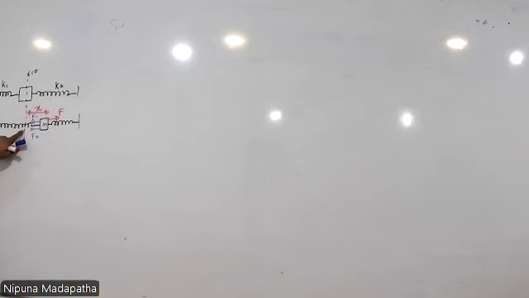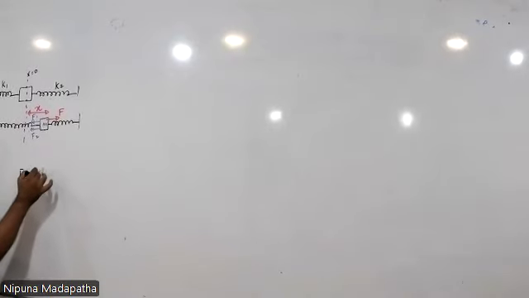This spring has stretched up to x distance, and this one has compressed a similar length. So what is the relationship between F1 and F2? Now this mass is at the equilibrium point. So F is equal to F1 plus F2.